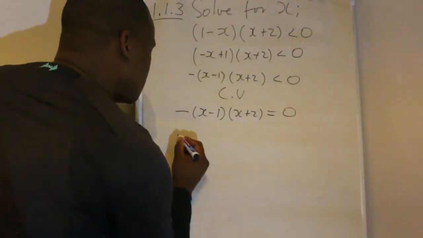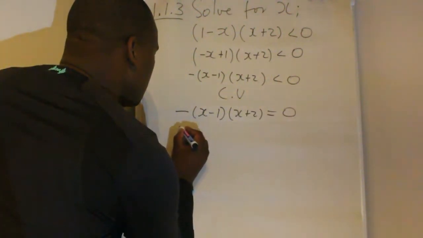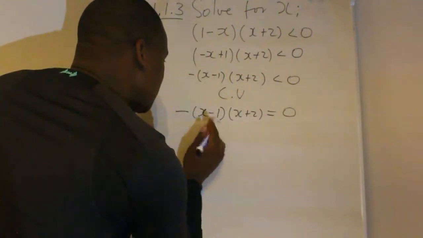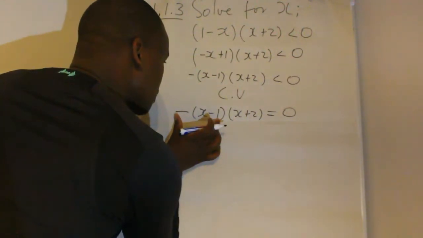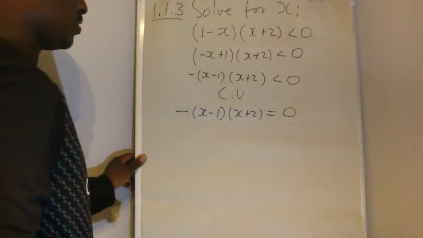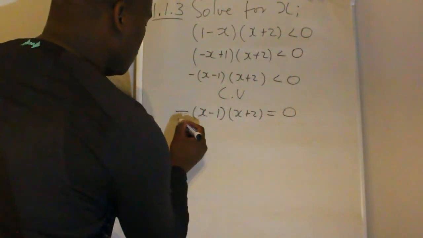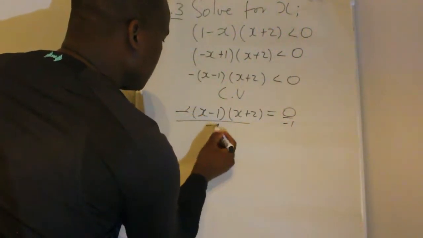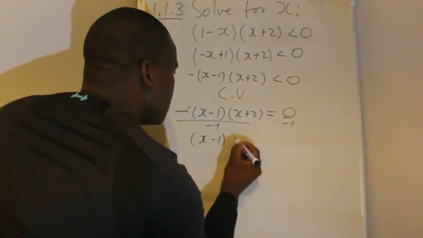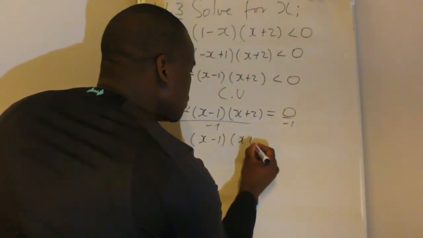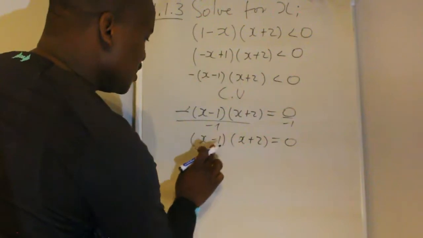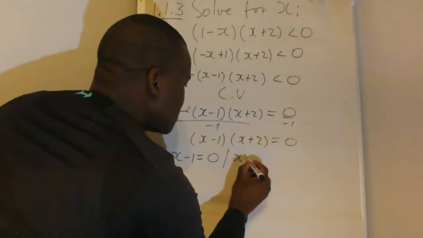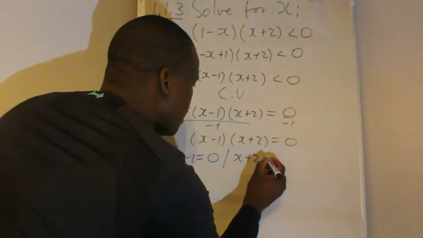So in that case, you have this part equal to 0, or this part equal to 0. First thing you can do is divide by the negative sign. So we're left with x minus 1 equal to 0, or x plus 2 equal to 0.